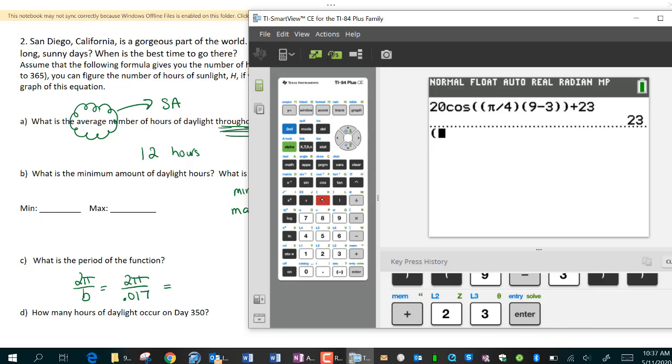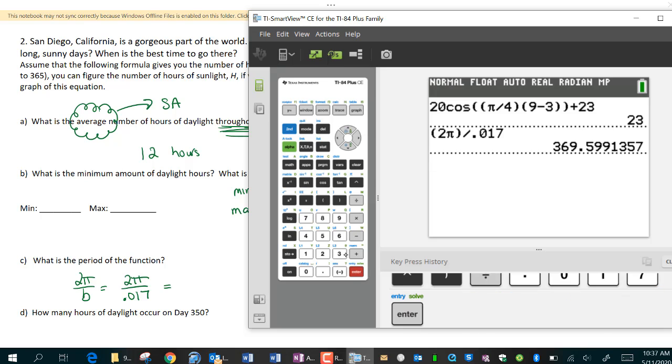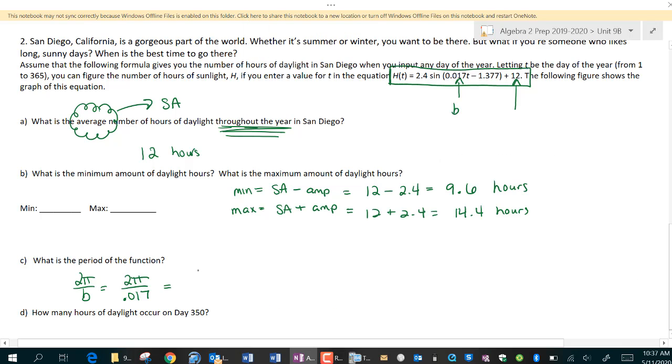So 2, I'm going to do this in parentheses, 2 pi divided by 0.017. So 369.6 roughly. So it's just about a full year. And part of that could be slightly off because of rounding.